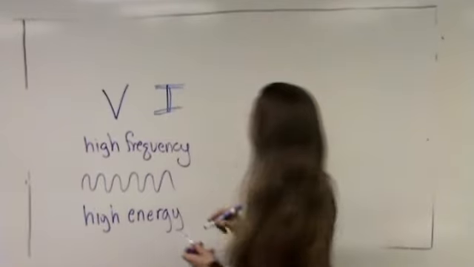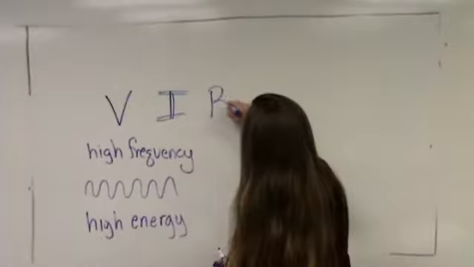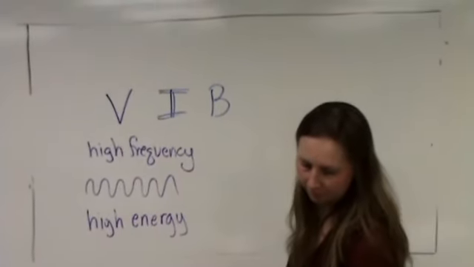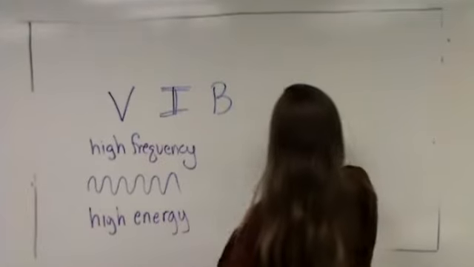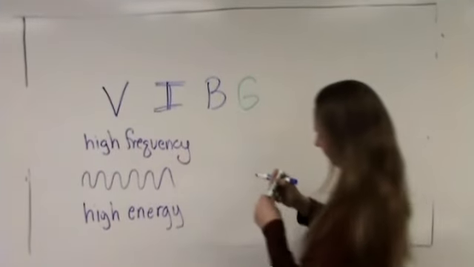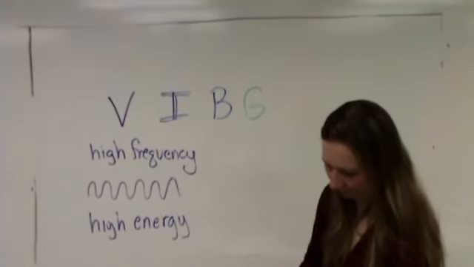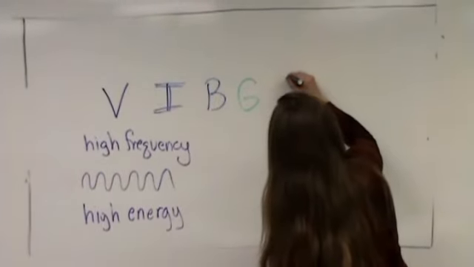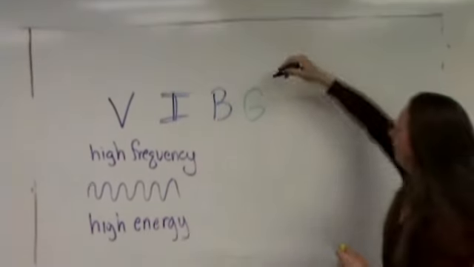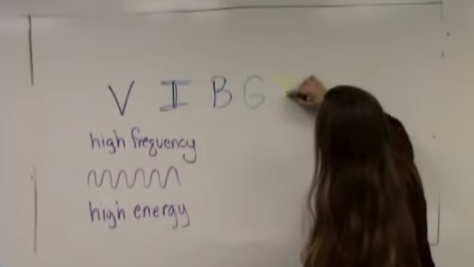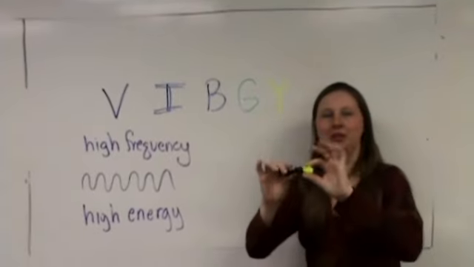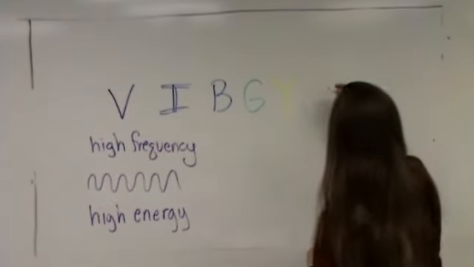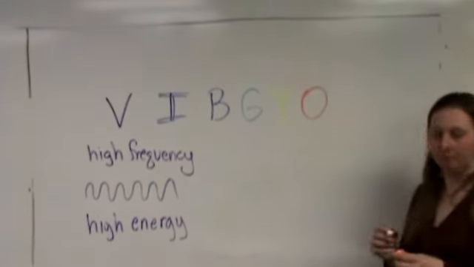So here's our indigo, and then blue, and then green, and then yellow. I don't know if you can see the yellow. There's yellow. I think all you can really see is the cap from the marker. Trust me, it's yellow. Now, here's orange light, all right, and red light.